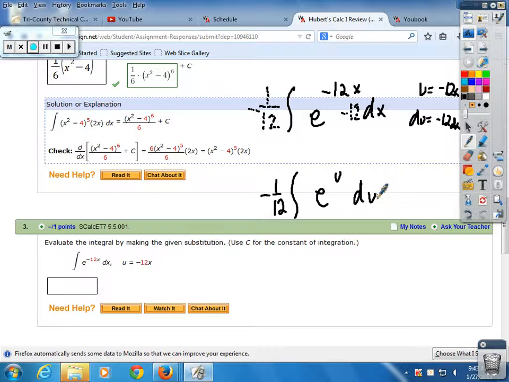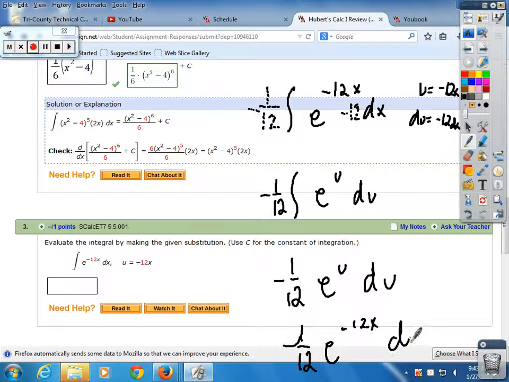And what's the antiderivative of e to the u? It's e to the u, isn't it? Simple. So negative 1/12 e to the u du, and u is negative 12x. So that's negative 1/12 e to the negative 12x.